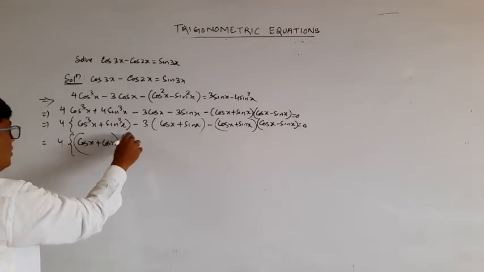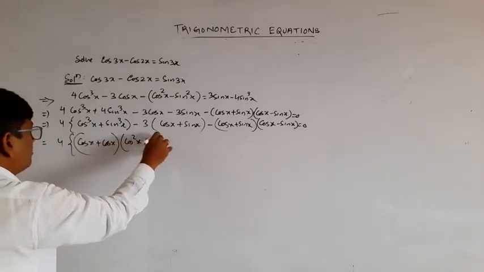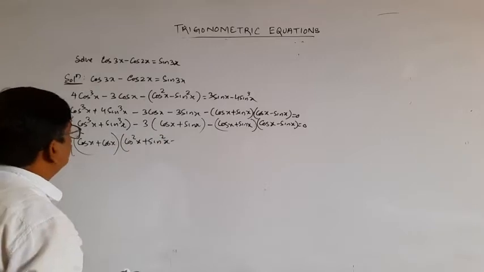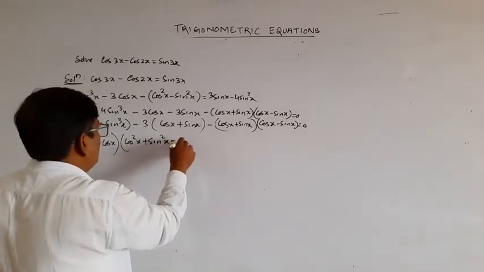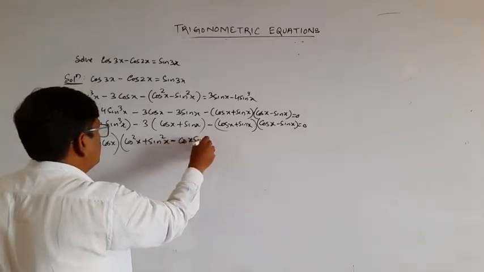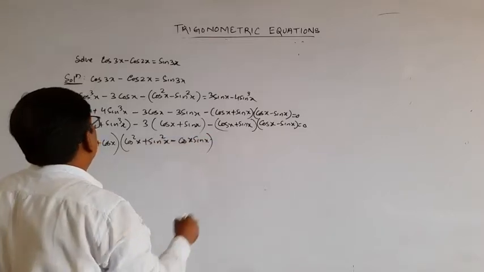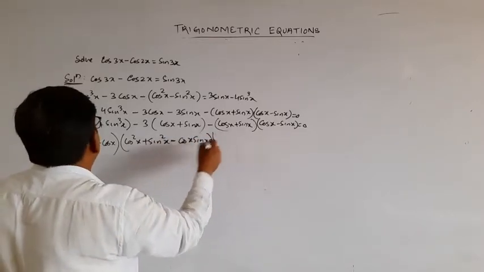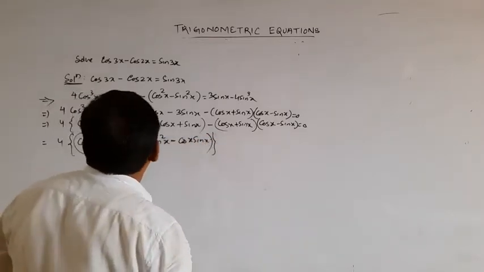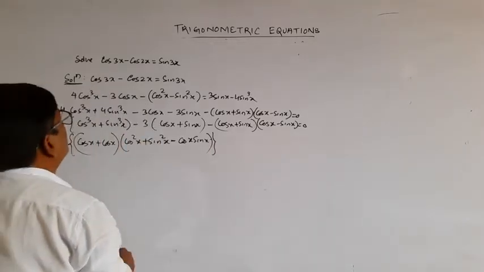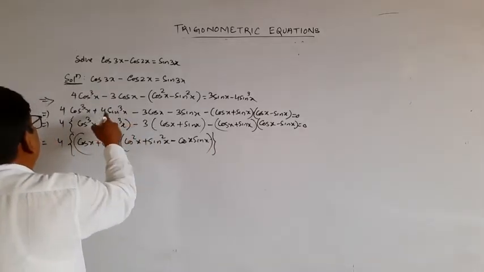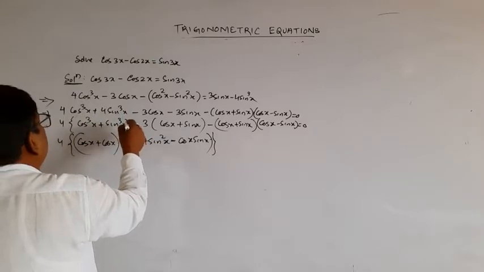So cos square x plus sin square x minus cos x into sin x, bracket close, and this is the bracket cos cube x minus sin cube x plus sin cube x.